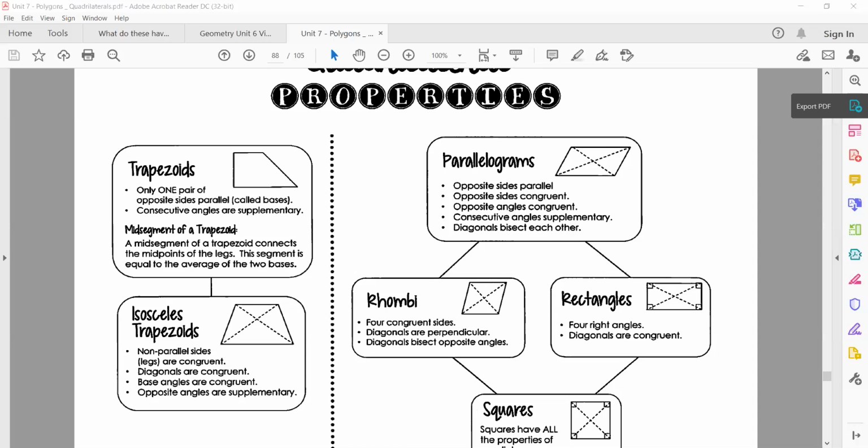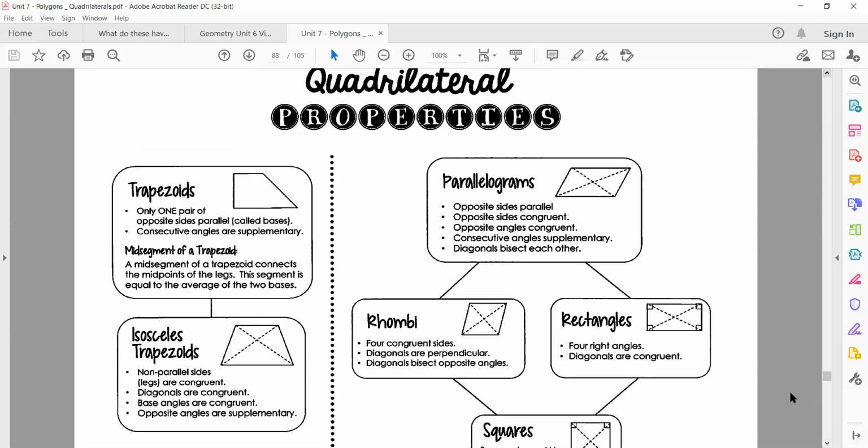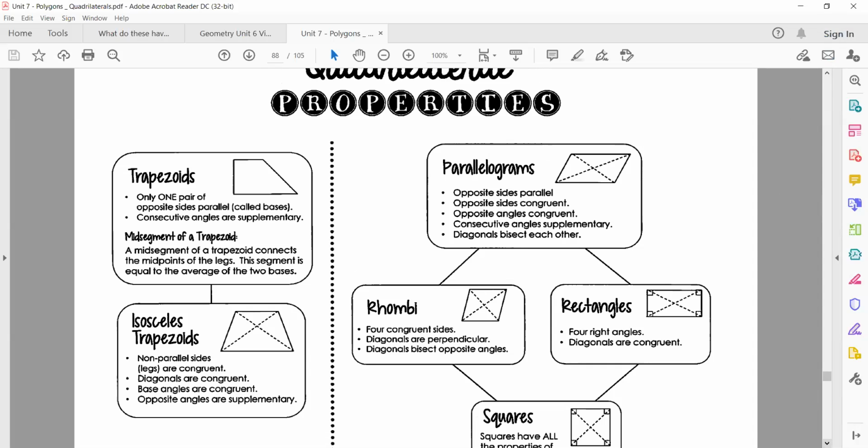Properties of different kinds of polygons, and that's where I wanted to start today, because if you look in your packet for Unit 6, this is where we stopped last Thursday.